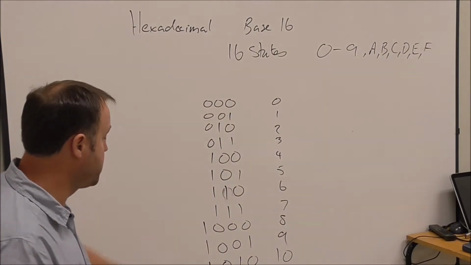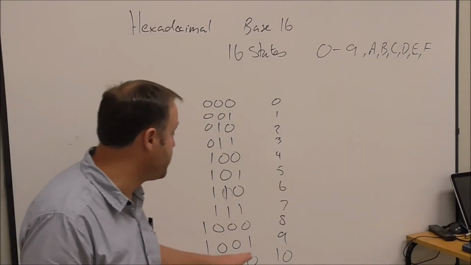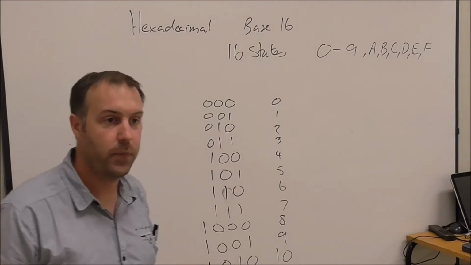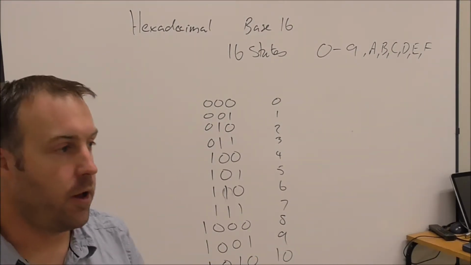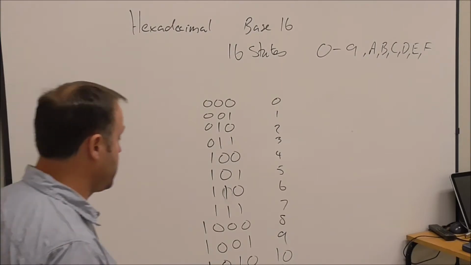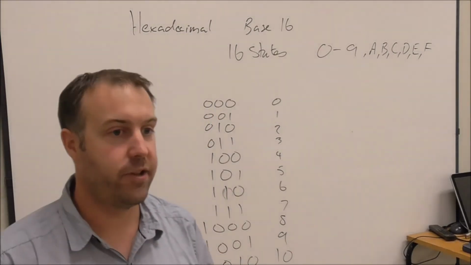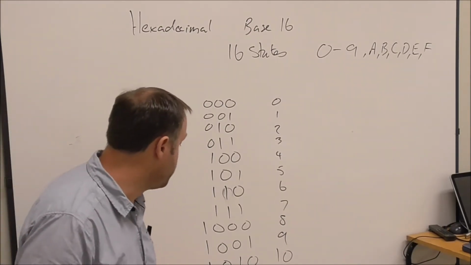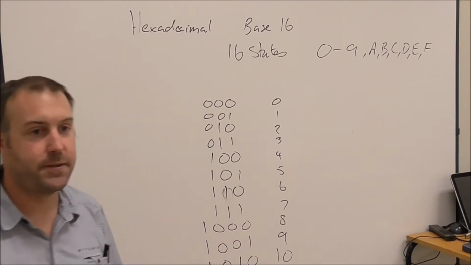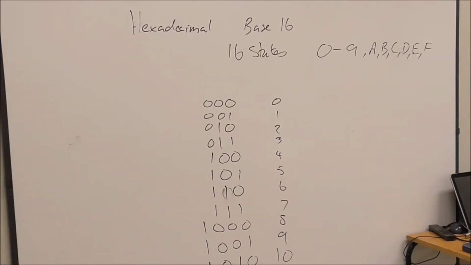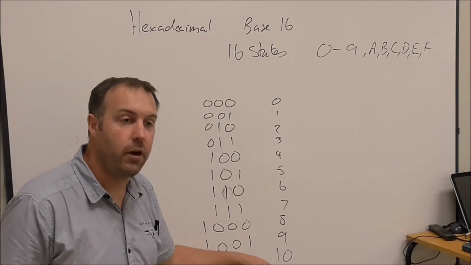Now I've got 4 bits, but in hexadecimal or decimal I can represent it with a single character as 9. If I've got 10, now the only way I can represent the value of 10 in a single character is using hexadecimal. So hexadecimal has 4 bits available to me, and it's got 16 different states. So state number 10 would be 1010.